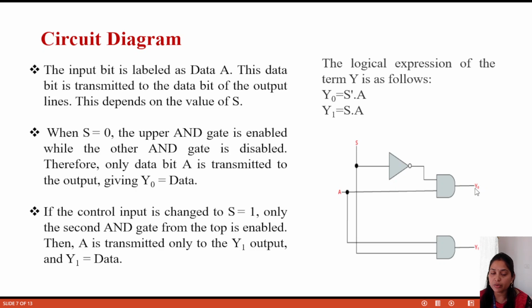So you can easily understand that if S is 0, the output will be seen at Y0.